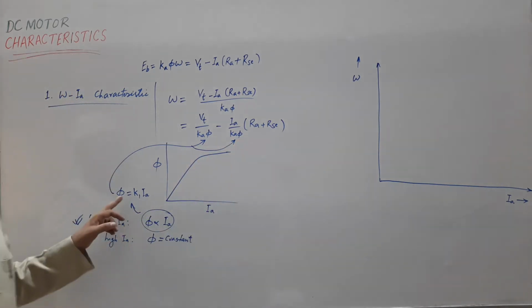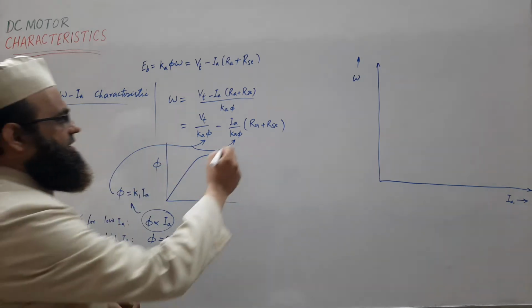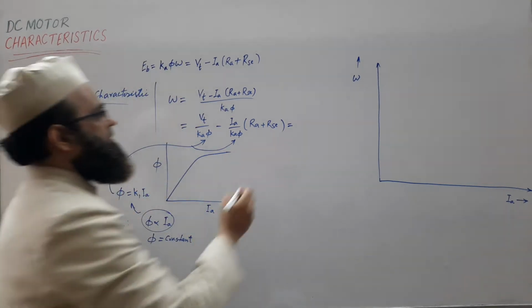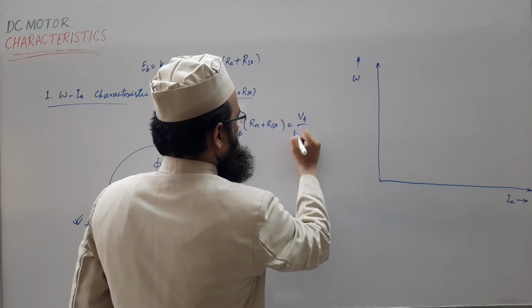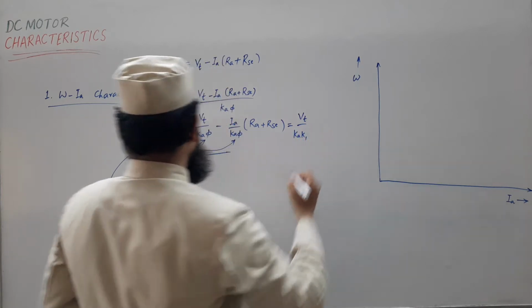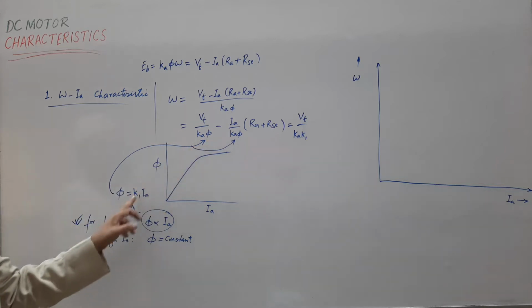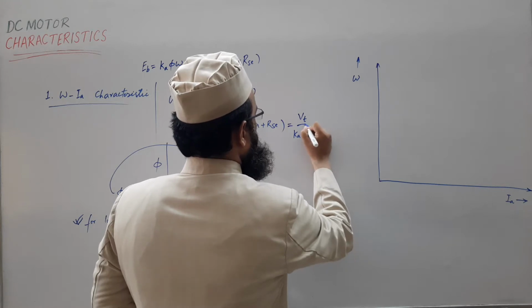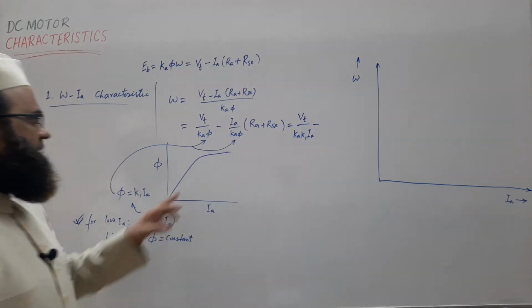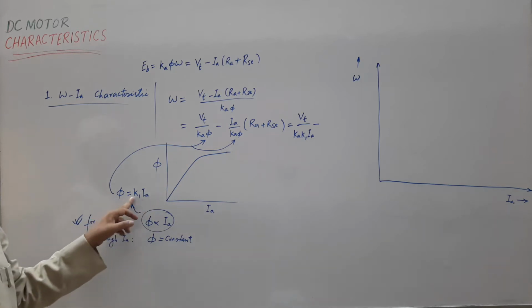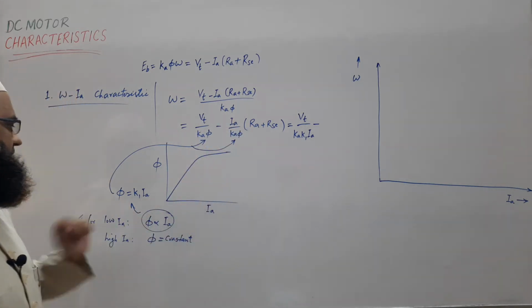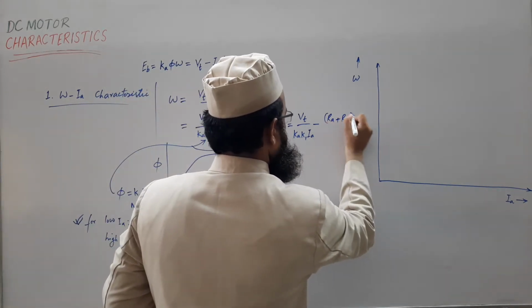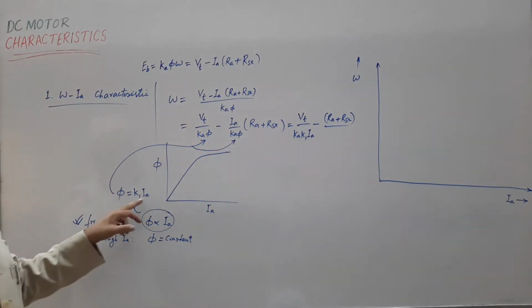We will get omega equal to Vt by Ka K1 Ia, replacing phi with K1 Ia, minus (Ra plus Rse) times Ia, which gets cancelled with this Ia.